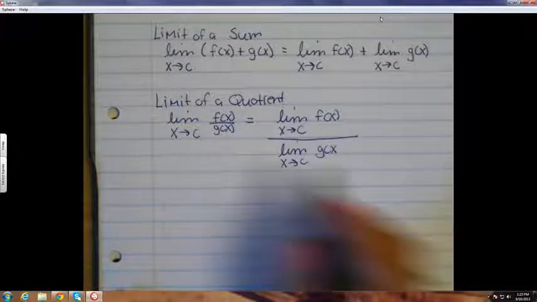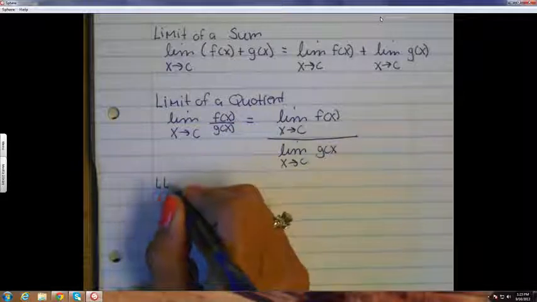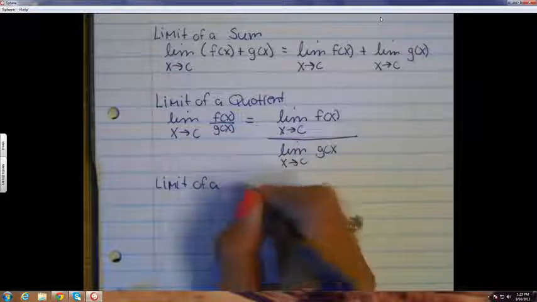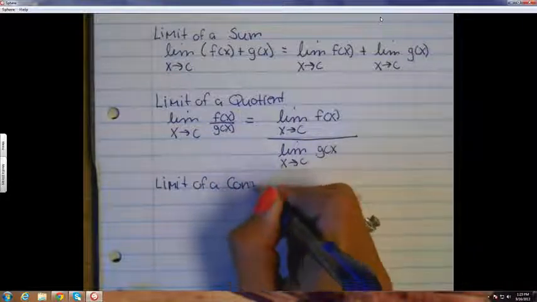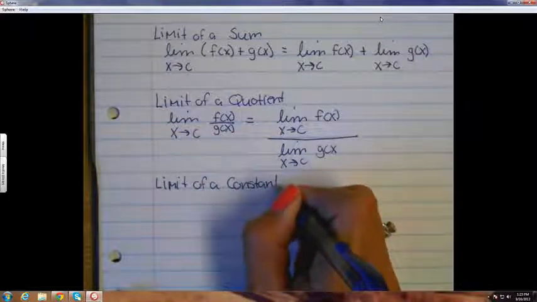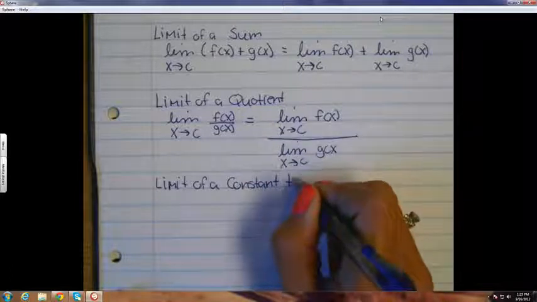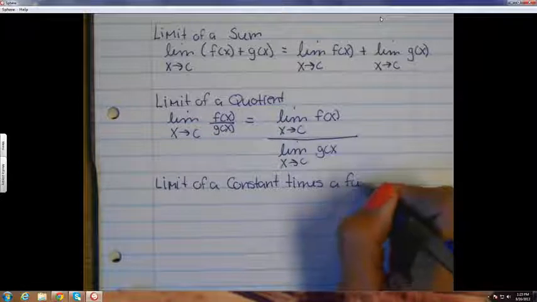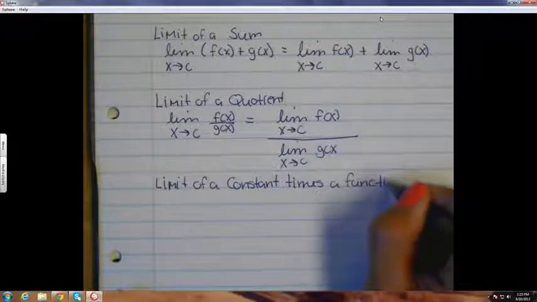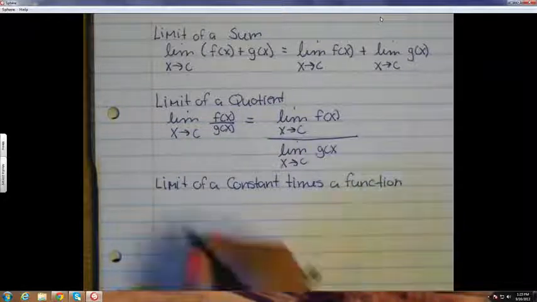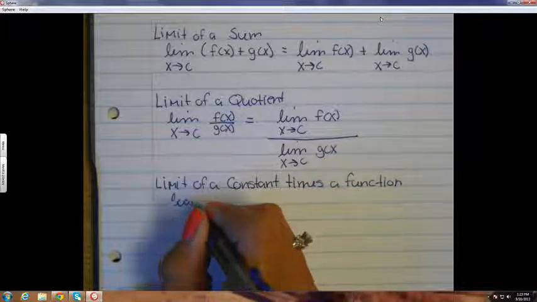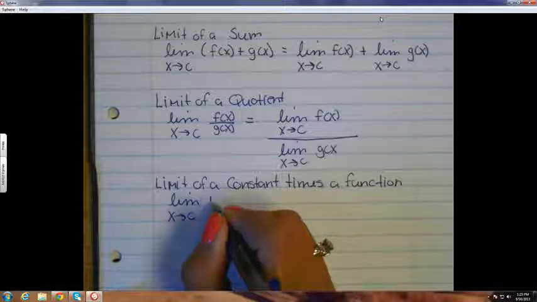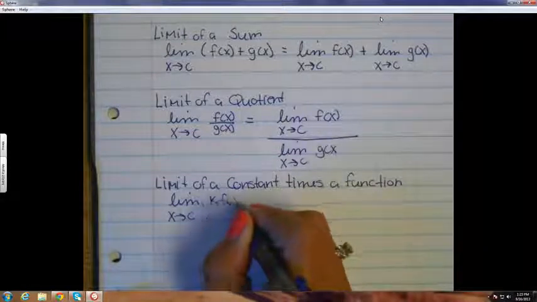Next is the limit of a constant times the function, which looks like the limit as x approaches c of some constant k times the function.